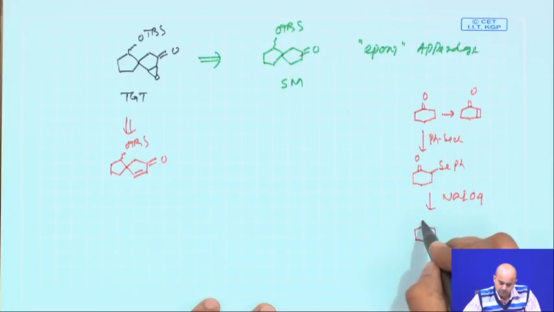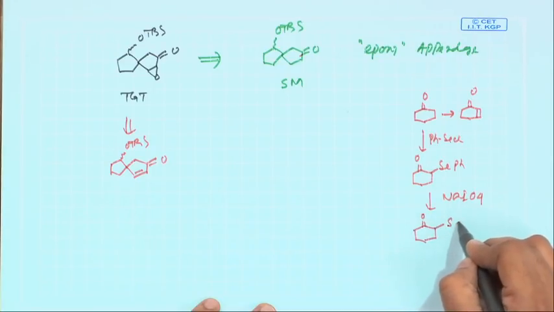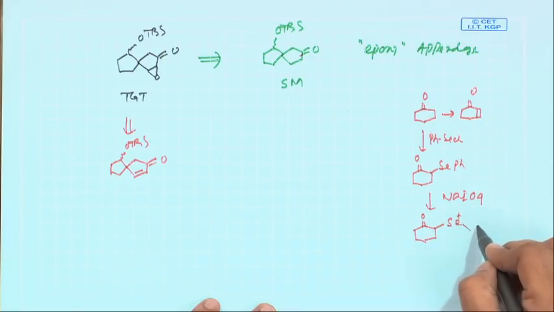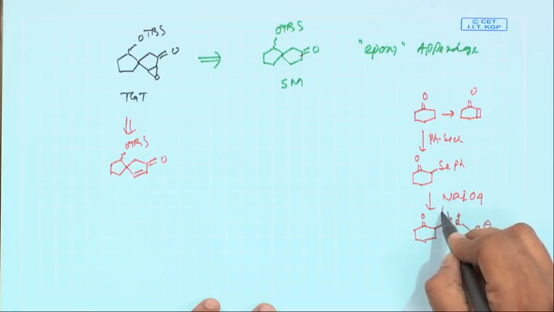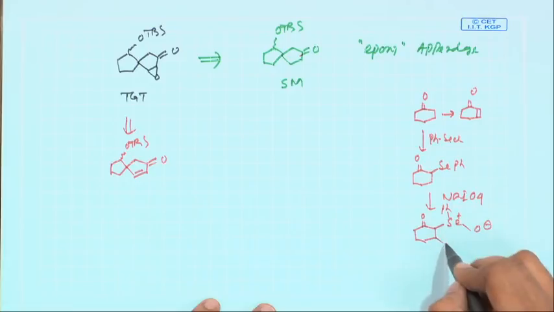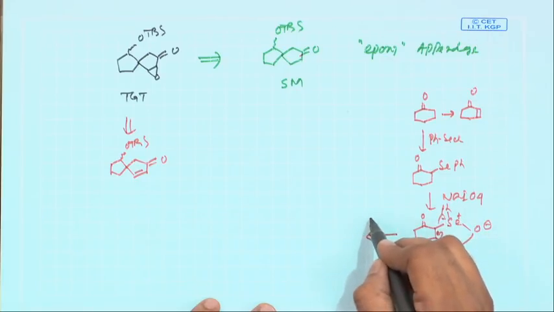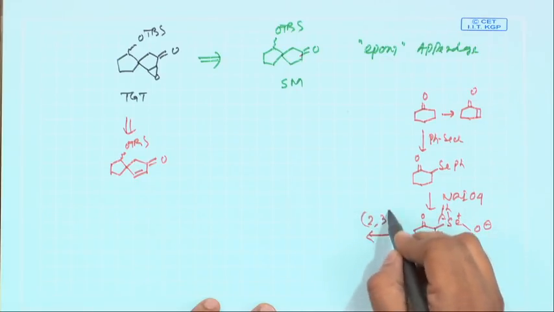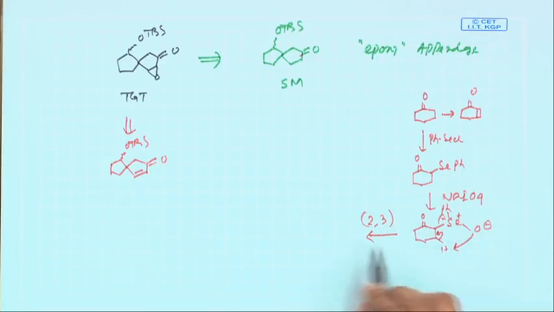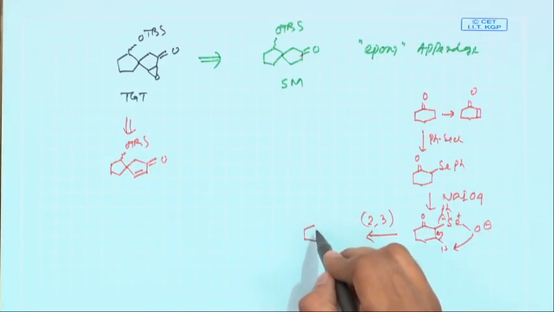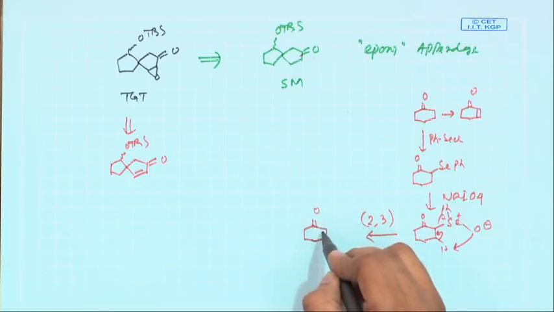It reacts in this way, selenium plus O minus and Ph. Now, this O minus abstracts this hydrogen, and is undergoing a 2,3 sigmatropic rearrangement to give you a cyclohexenone, which was already known.